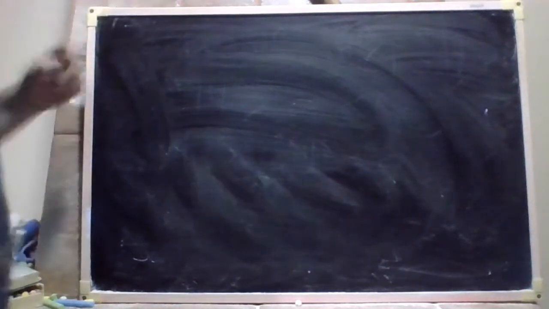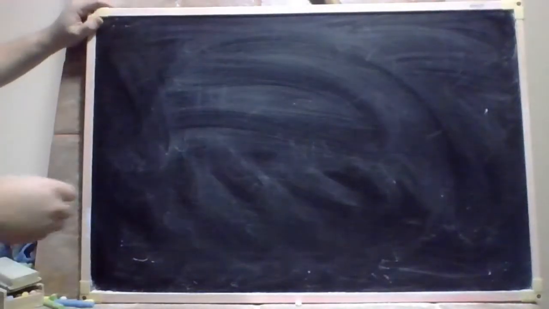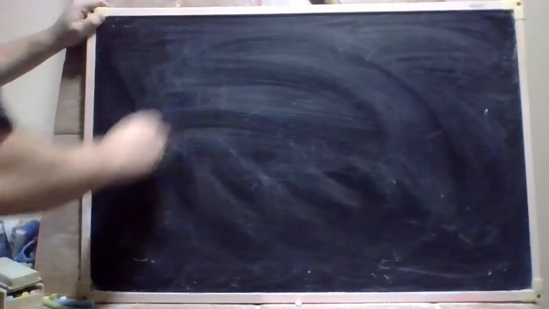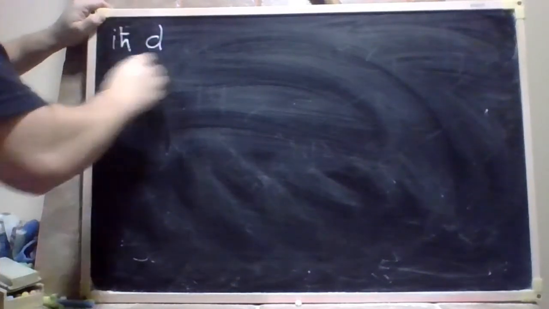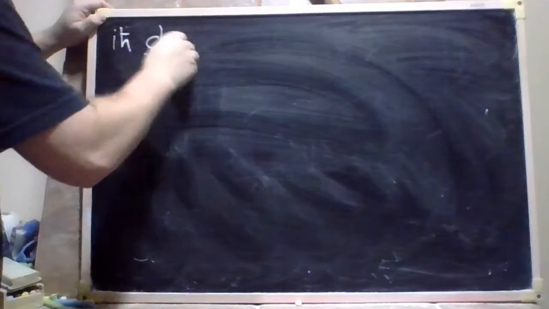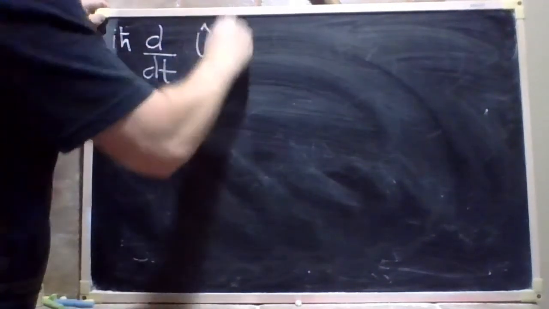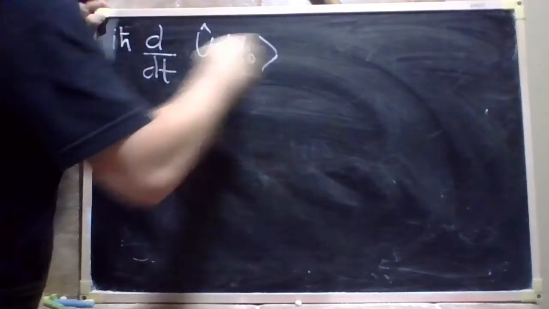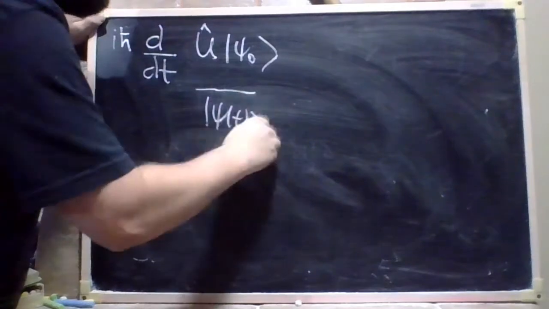But let's do some other calculations in quantum mechanics. So if you replace the function by the evolution operator here, multiplying the initial state, this is just the psi of time t.